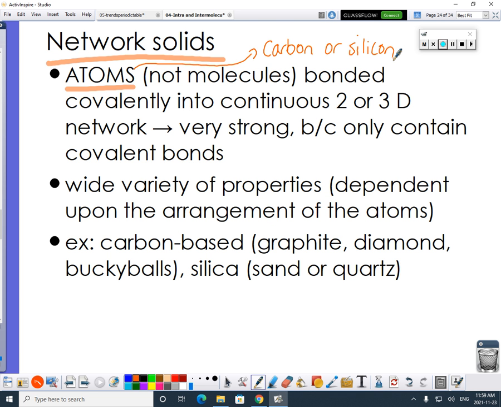So actually, I think this diagram is in your note. And so you have covalent bonds, which are very strong. So let's highlight that.